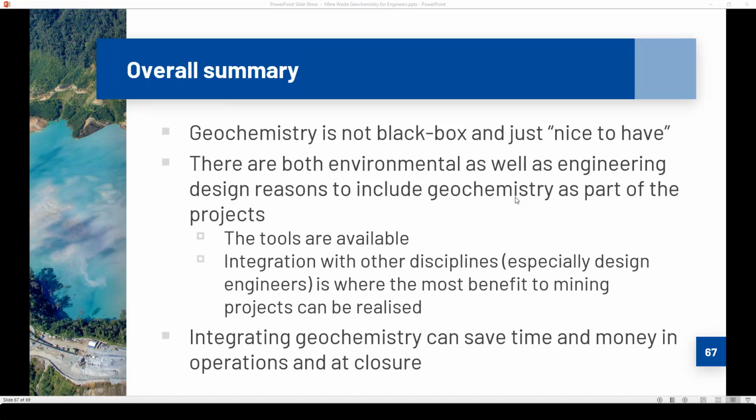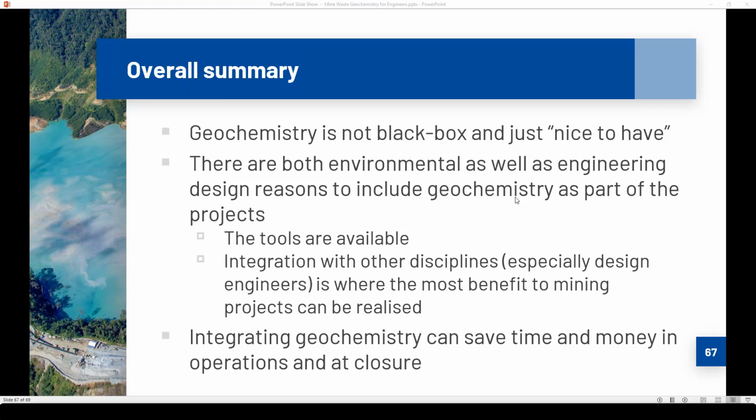So in terms of our overall so what, hopefully this presentation has indicated that mine waste geochemistry is not just a black box and a nice to have on design projects for engineers. There are very important reasons, both from an environmental as well as from an engineering design perspective, to include geochemistry as part of these projects. The important bit to remember, the tools are available.